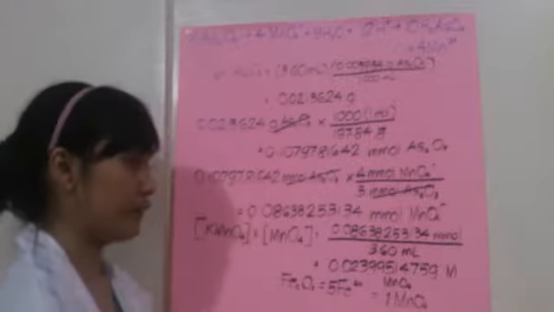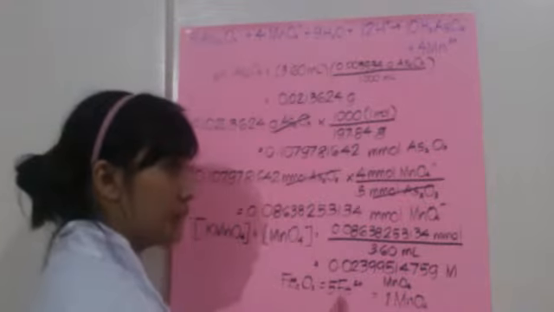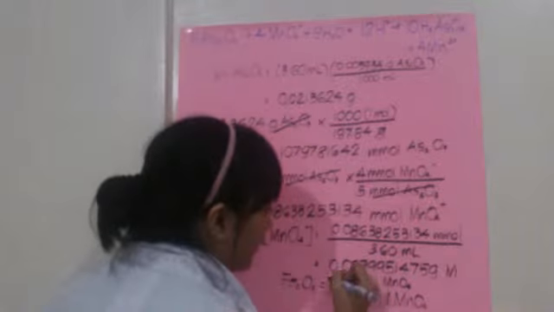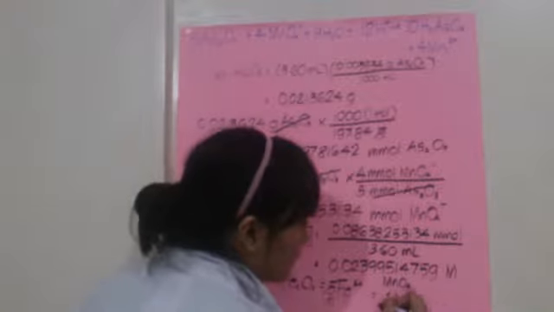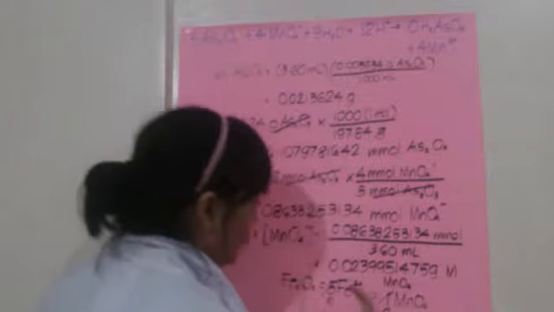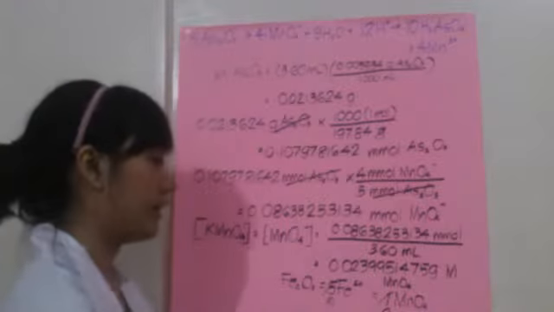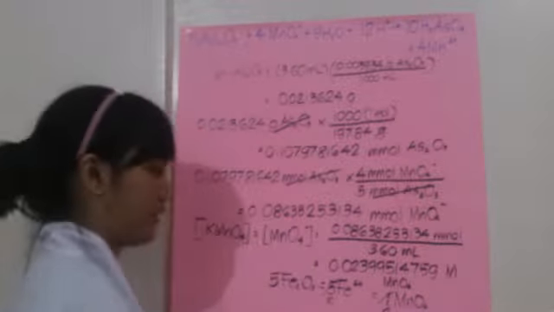But since you have 2 iron here, you would multiply both the sides by 2. So it will be 10 iron 2 plus and 2 MnO4. Since Fe would be 10, then you would put a coefficient of 5.